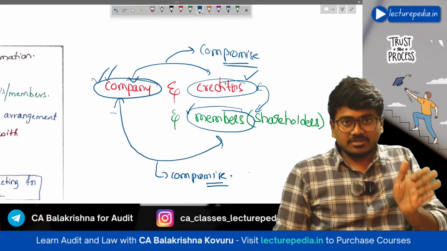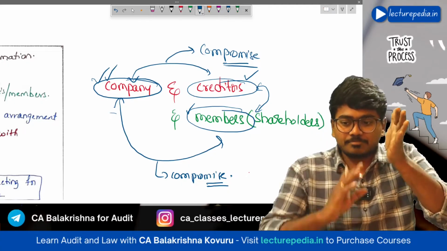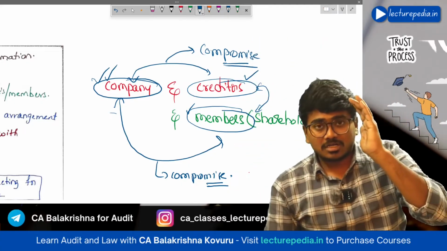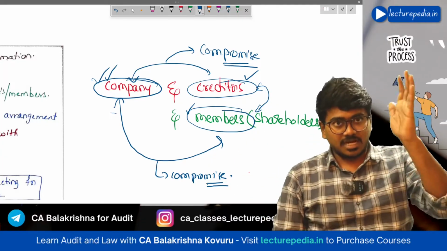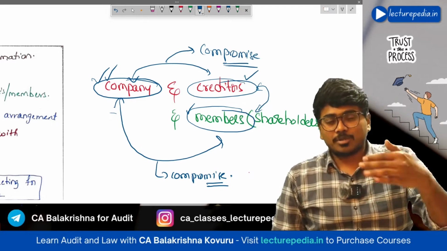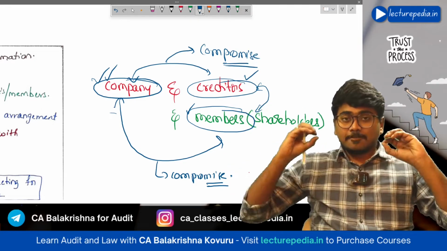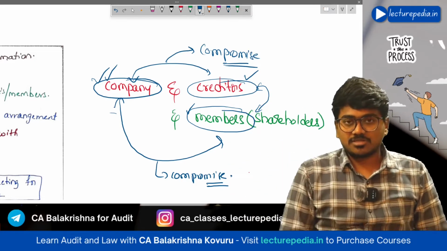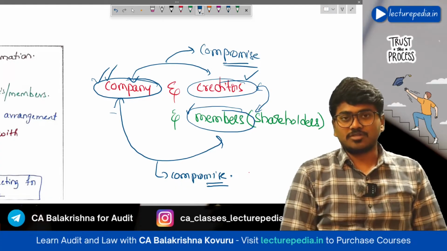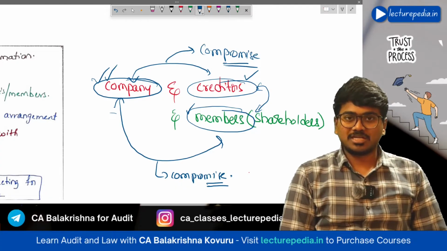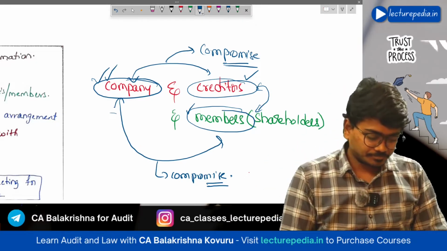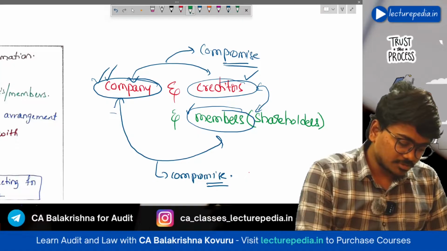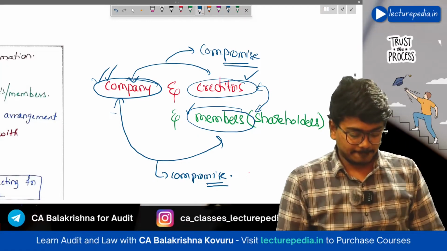Only for compromise between company and creditors or between company and members will the compromise take place as per the provisions of this chapter. Hope you are clear with this. So compromise will occur when there is a dispute. I hope you understood what is meant by compromise.